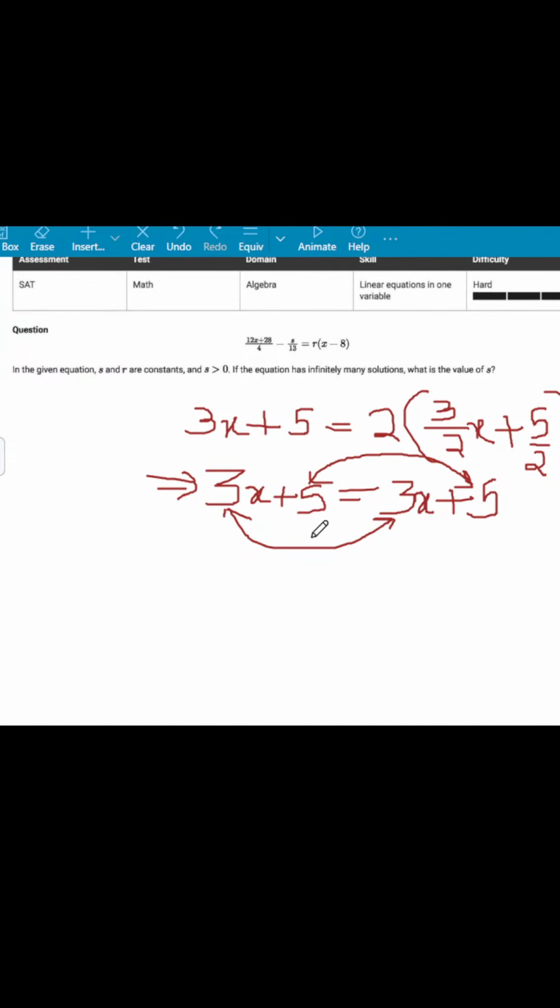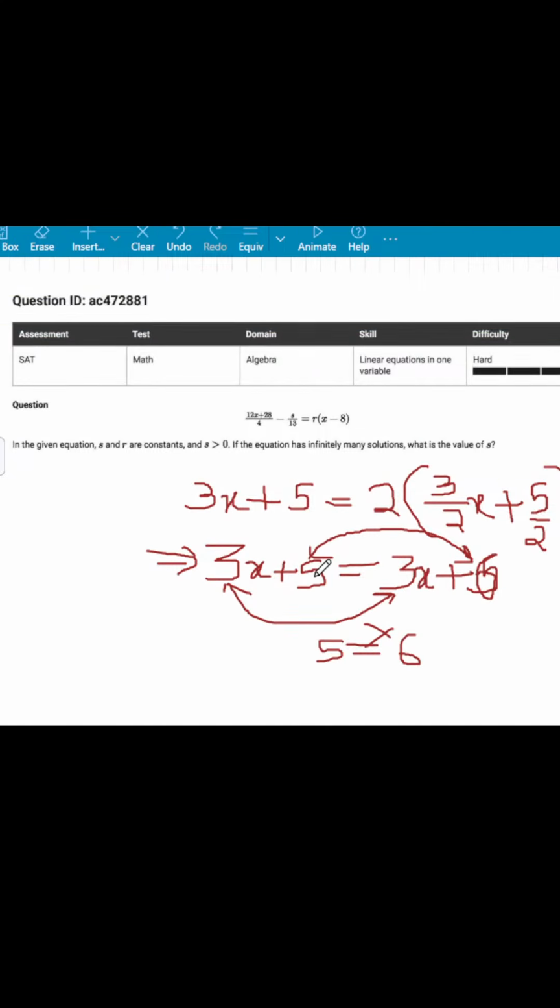But suppose the constant is different. If instead of 5 here, 6 is present, then after cancelling out x we get 5 equal to 6, which is not correct. So it has no solution, because any value of x you put will not satisfy the equation.